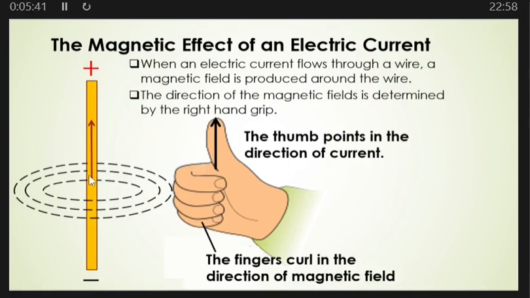So if the thumb points in the direction of current, then the curled fingers are pointing in the direction of the magnetic field lines. Meaning we can mark pointers here to indicate the direction of the magnetic field lines in this situation.